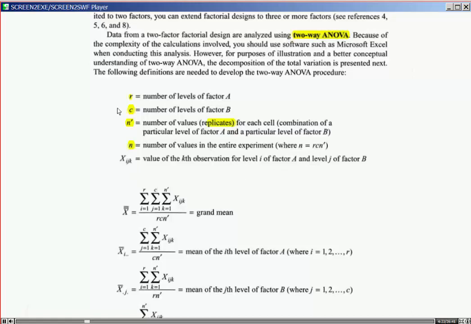We get R from here, C from there, and N prime. That's how many values we're going to have to look at. Okay, X sub ijk, the value of the kth observation for level i of factor A and level j of factor B.